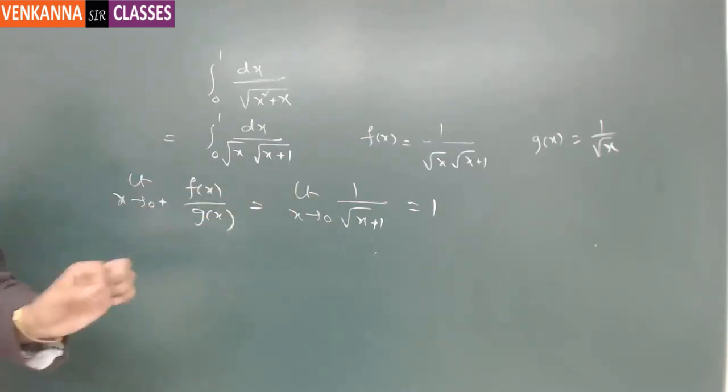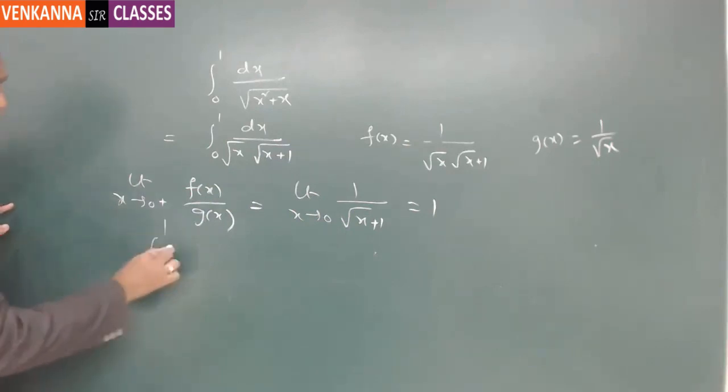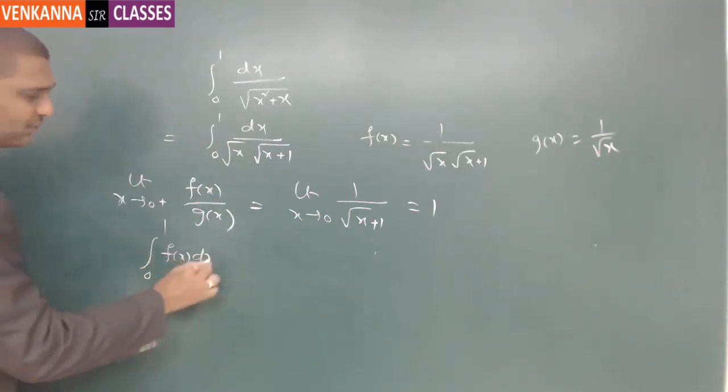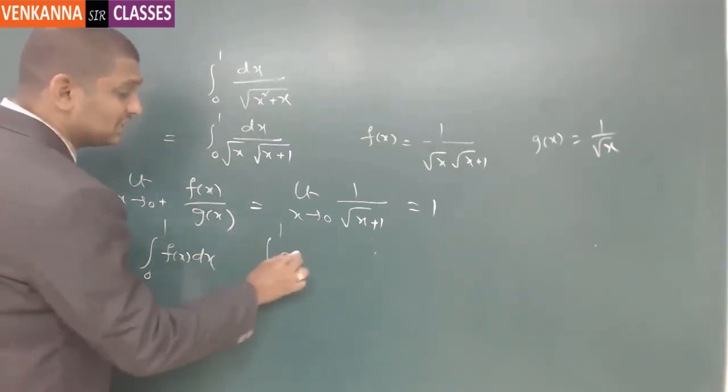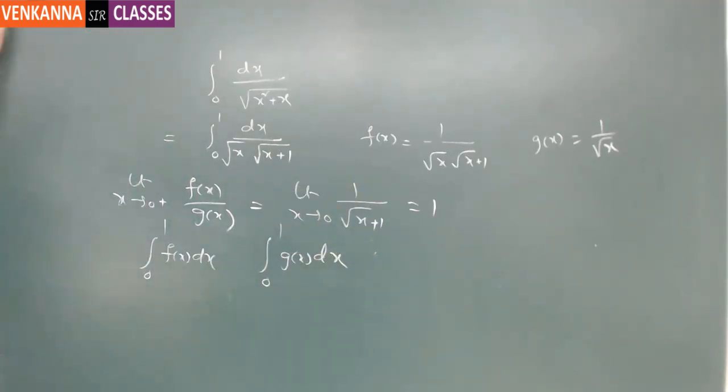Therefore, by limit comparison test, both the integrals, integral 0 to 1 f of x dx and integral 0 to 1 g of x dx, converge or diverge together. So if you are particular, for your question you can say that 0 is the point of infinite discontinuity for both f and g. Accepted?